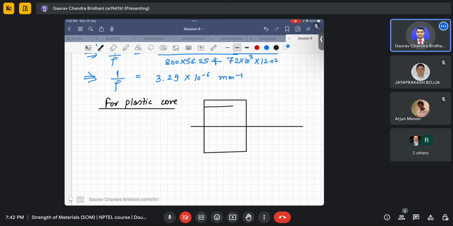Okay, so till here our plastic core is there. How this will be varying, I showed you there also, I will just redraw the stresses again, I won't draw the other things because that I have already done.